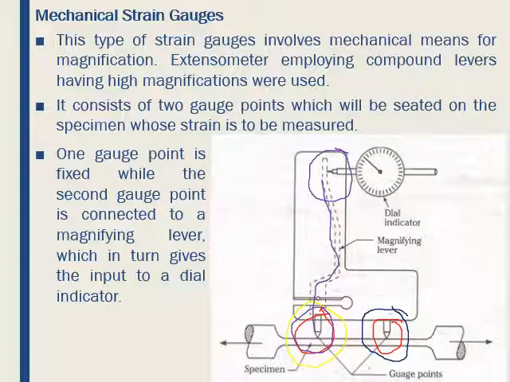The lever magnifies the displacement, which is indicated directly on the calibrated dial indicator. This displacement is used to calculate the strain value. The most commonly used mechanical strain gauges are Berry type and Hugenberger type. The Berry type extensometer is shown in this figure.